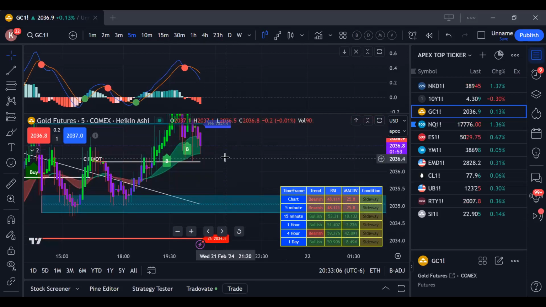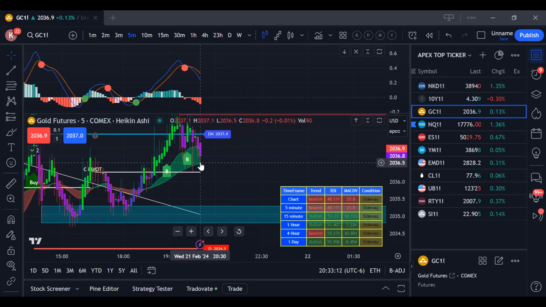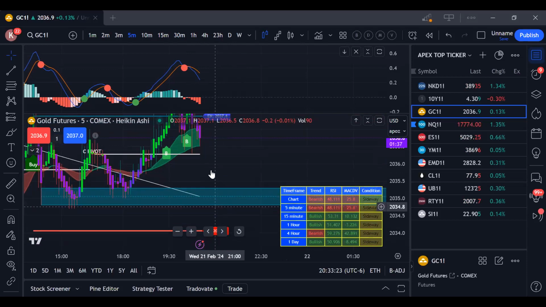But generally, if the distance is more, that is a much better opportunity. As of now, the distance is less, so you may make only 25, 50, $100, not much. That is only with one contract. But if you have multiple contracts, you may make much more profit.